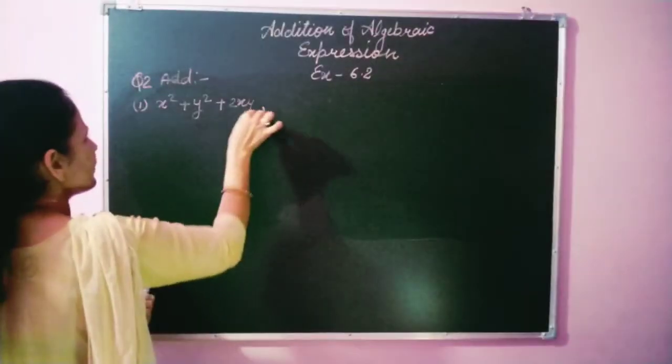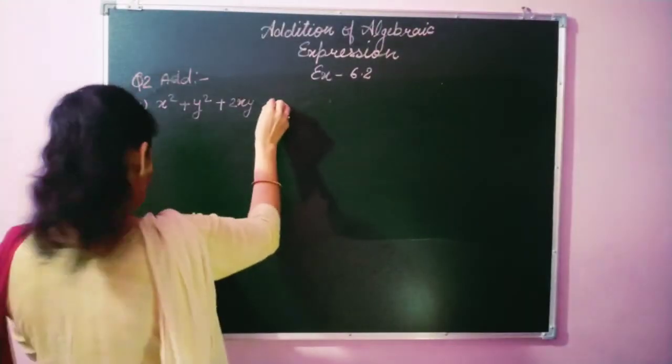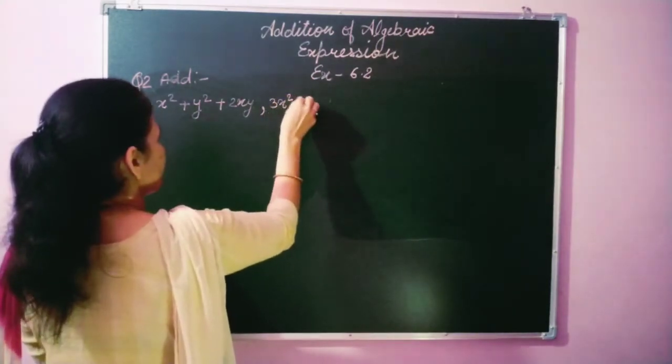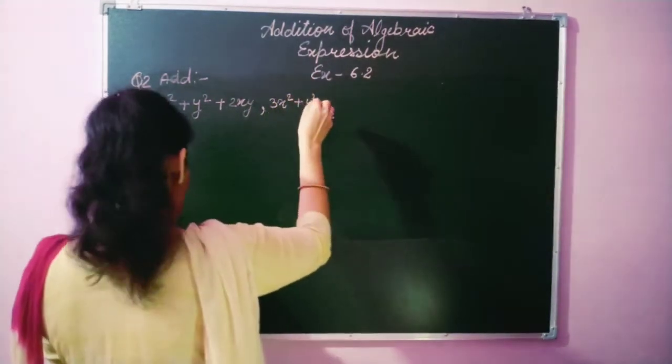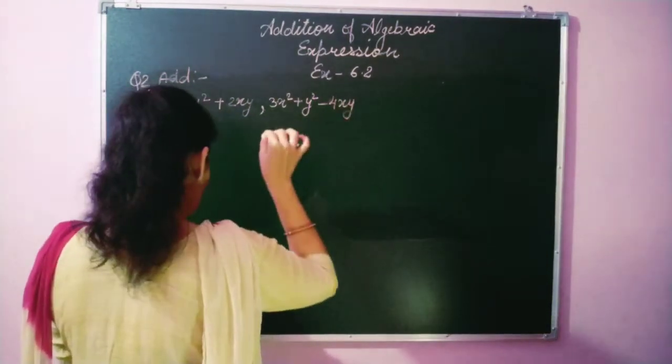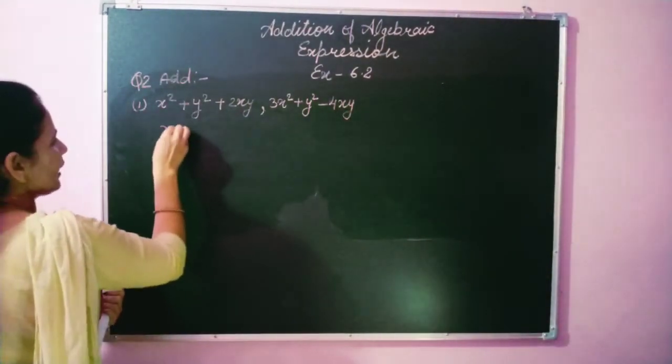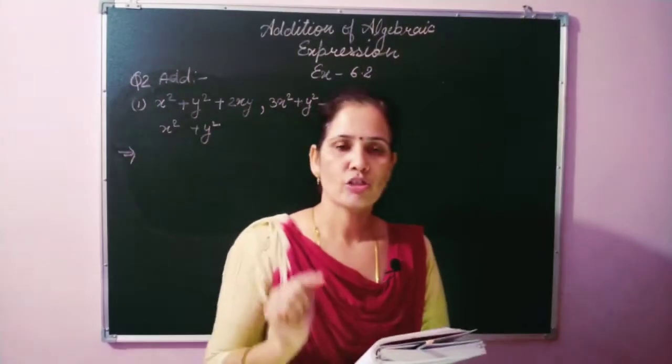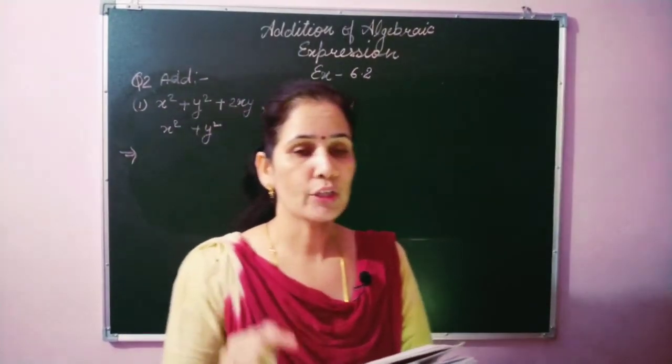This is the first algebraic expression. Then second one, 3x square plus y square minus 4xy, and third one is given x square and y square.